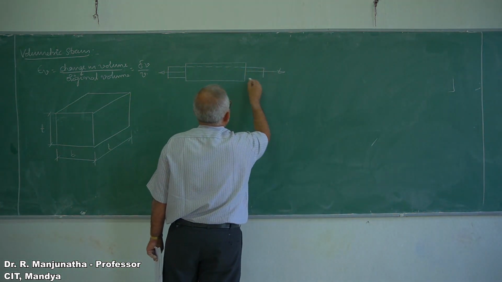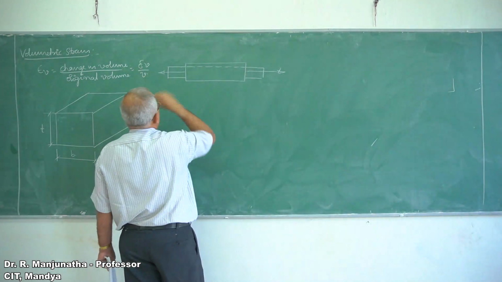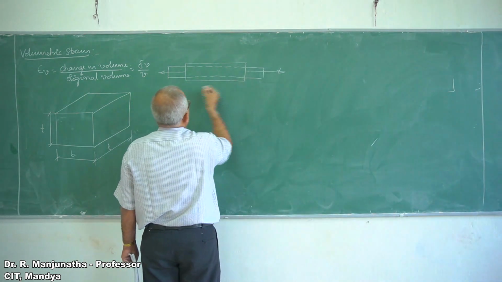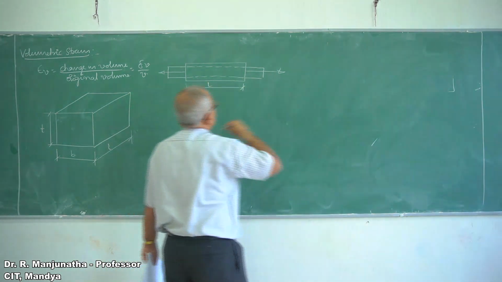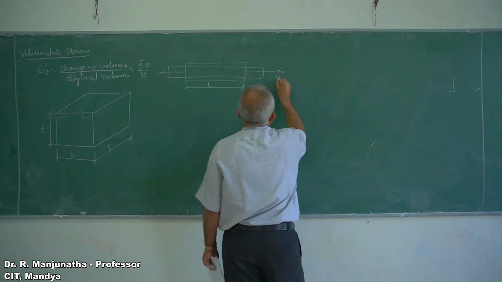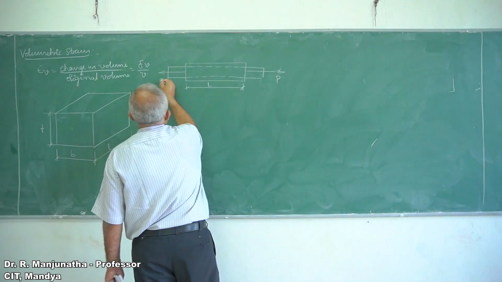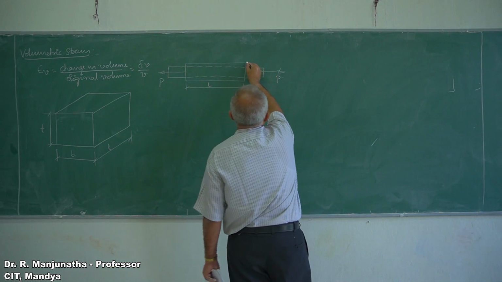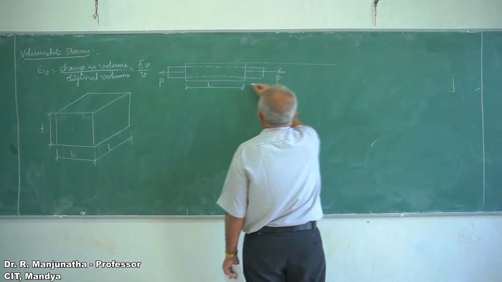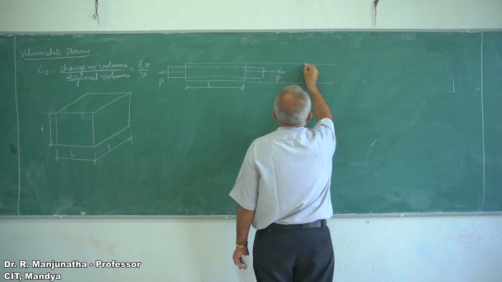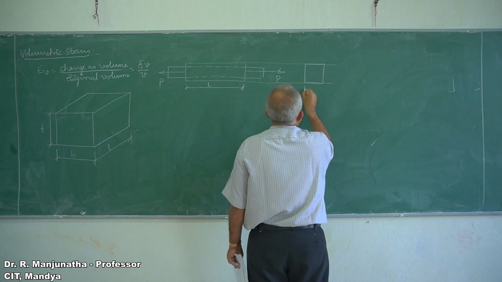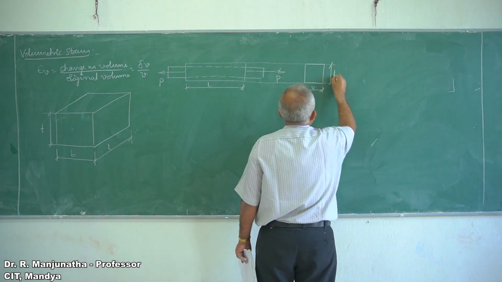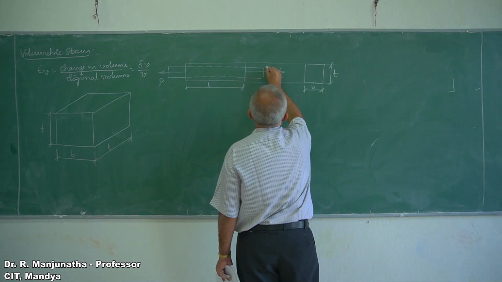When you consider the cross section, this is the tensile load P which is applied, and here we have the cross section of B and T. The cross section is reduced due to the application of the tensile load.